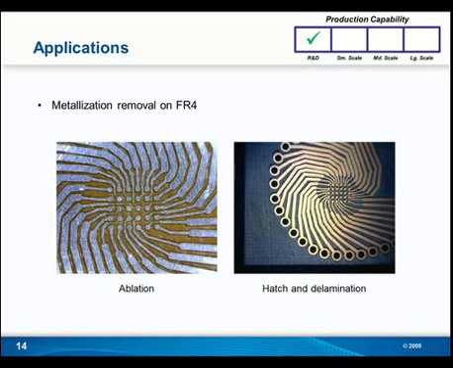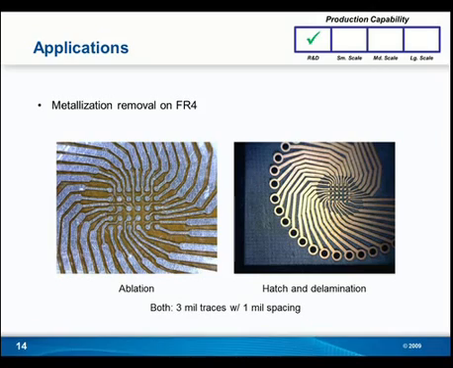So Rory, why don't you talk about our first application, which is metallization removal on FR4. Yeah, unique with the UV lasers and the versatility that's offered when the absorption rate can be controlled for metallization removal is that we can actually create very small features with FR4 material, as you see here in this picture.